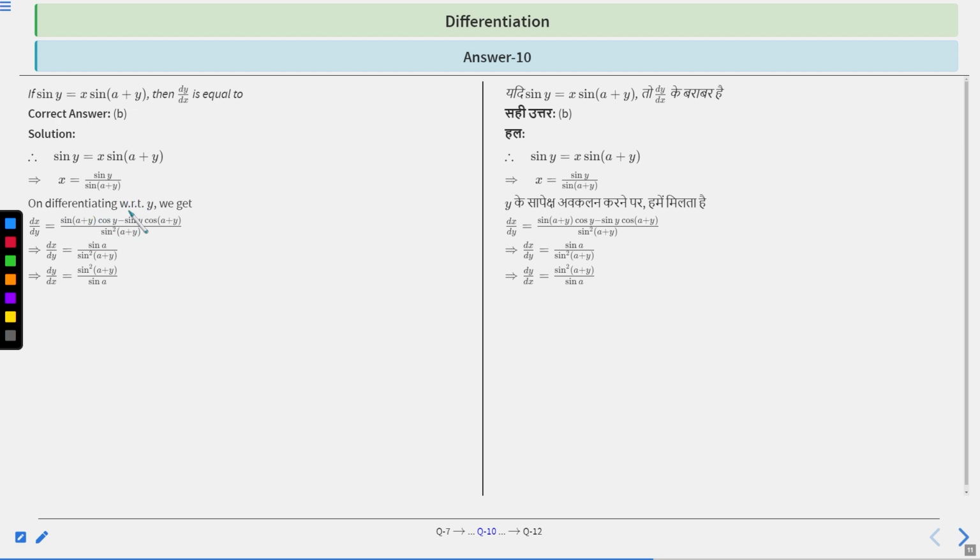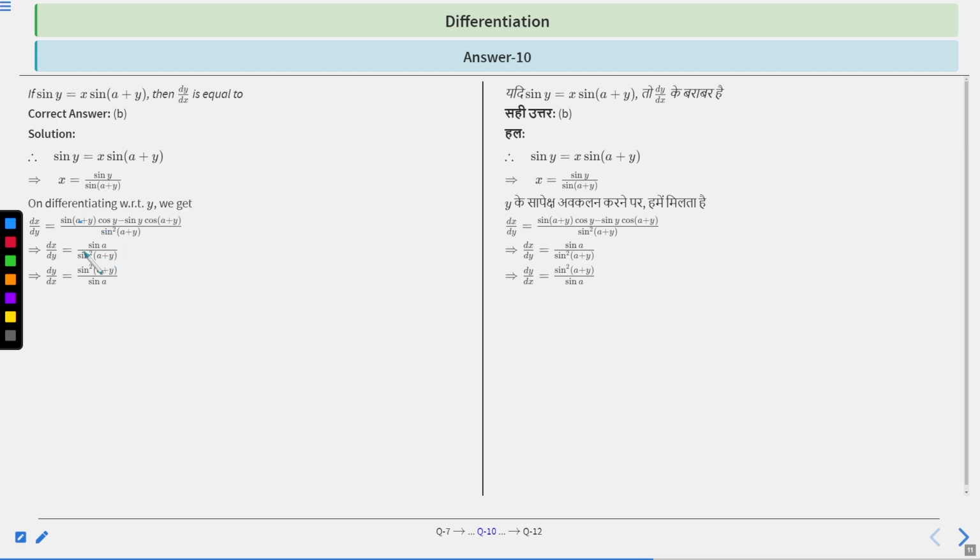Now on differentiating with respect to y, we get dx by dy is equal to, take the denominator first and differentiate the numerator sin y, which is cos y, minus take sin y and differentiate sin a plus y, which is cos a plus y, upon the square of the denominator, which is sin square a plus y.